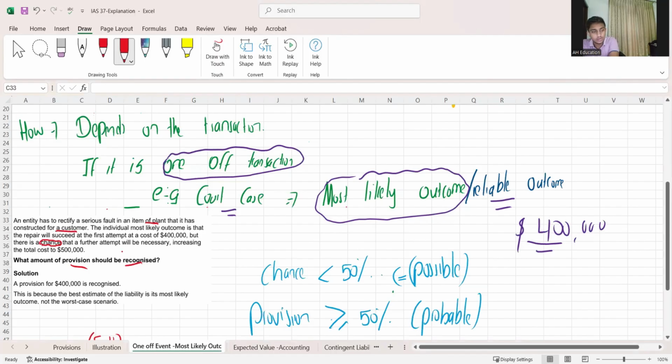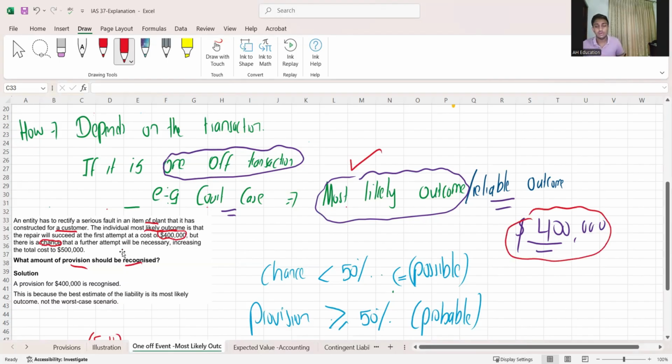They have directly given us that the most likely outcome is that the repair will succeed at its first attempt at a cost of 400,000. So they are telling us how much is the most likely outcome if they are planning on repairing this particular property, plant, and equipment, and that is 400,000.